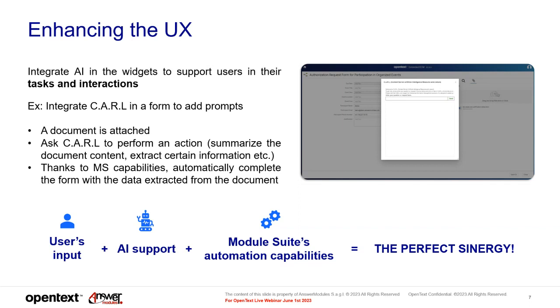My input is going to be supported by Carl, which is then going to be supported by Module Suite's overall automation capabilities to really streamline my daily work and cut out any manual or more tedious task that I may have, all with the support of Carl.